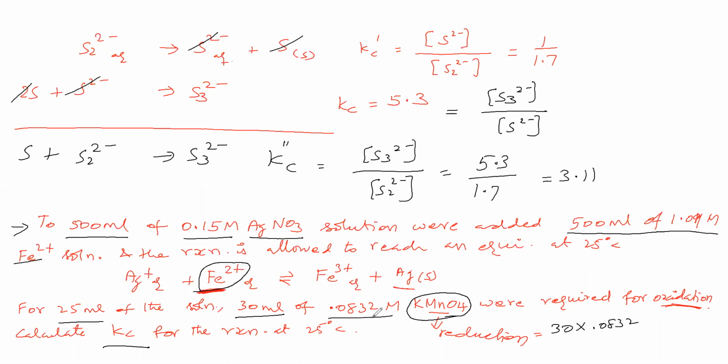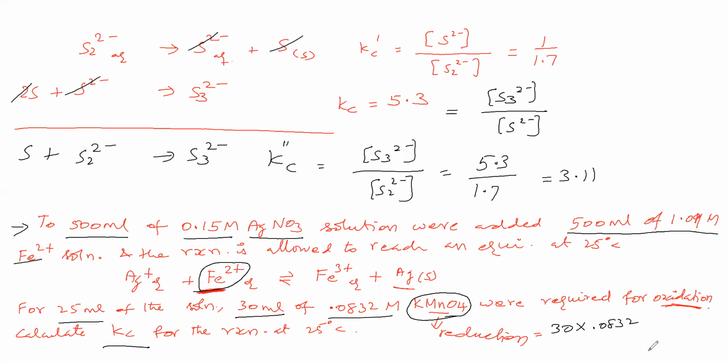On multiplying these two, we get millimoles of potassium permanganate. So 30 into 0.0832 millimoles of potassium permanganate is given.